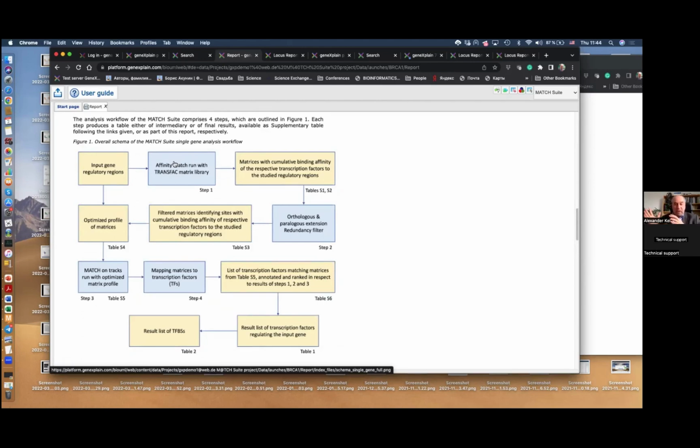It did a lot of filtering, and the first filter was the affinity score. It goes through all 5,000 matrices and applies the matrix affinity score for each matrix to that particular promoter, and it appeared only these 5 motifs have an affinity score with a p-value higher than a given threshold. So we focus on those motifs which have a high affinity to the whole promoter.